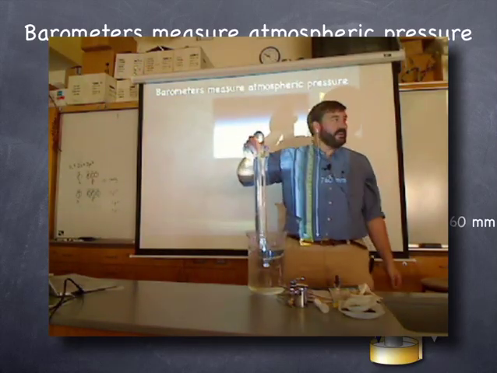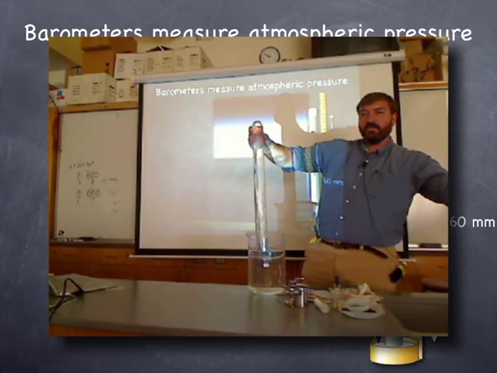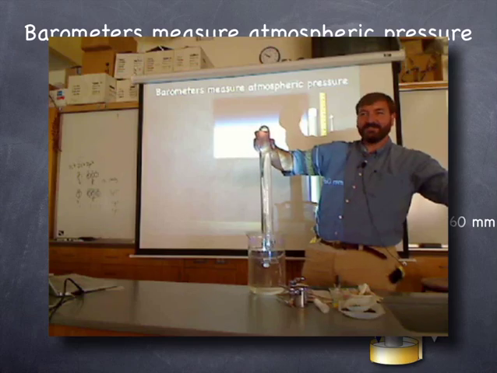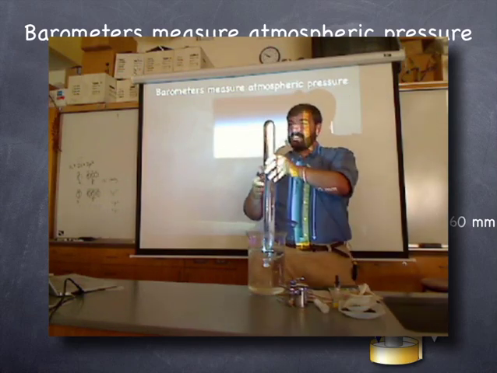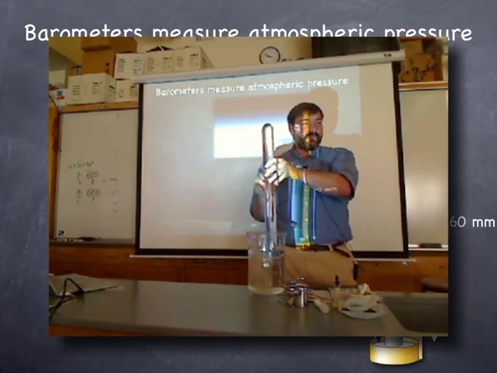And we say, hey, just like in the bathtub, the water doesn't come out. Why not? Is there gravity still pulling on the water? What's holding the water in this tube is the atmospheric pressure pushing on the surface of the liquid.